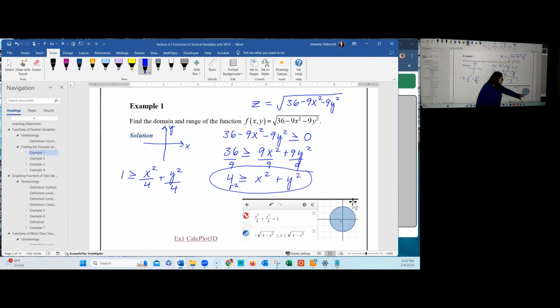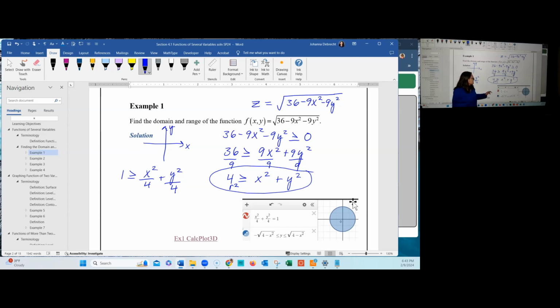So the first thing I do is I graph a circle of radius 2. It can be equal. If it's equal, what I'll get under the radical will be 0. In that case, it's still defined. The output would be 0. The range value would be 0. So I use a solid line for the circle on the outside.